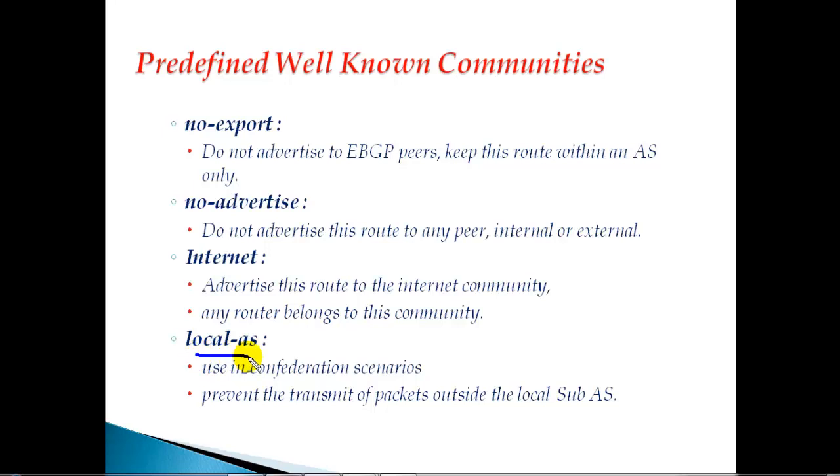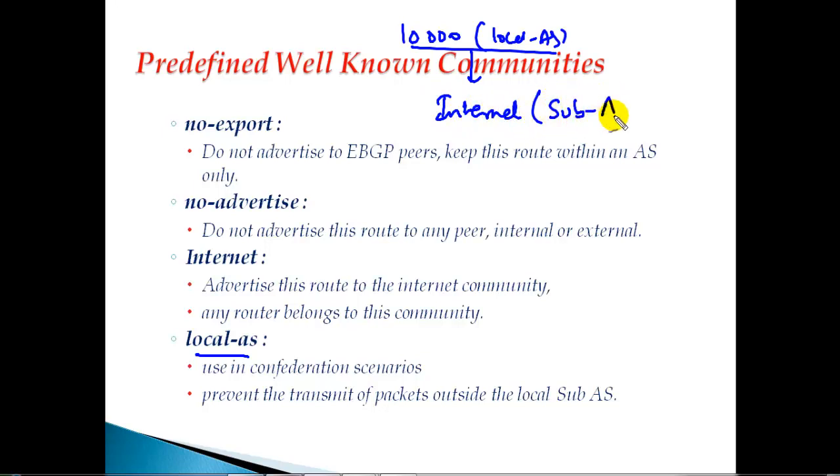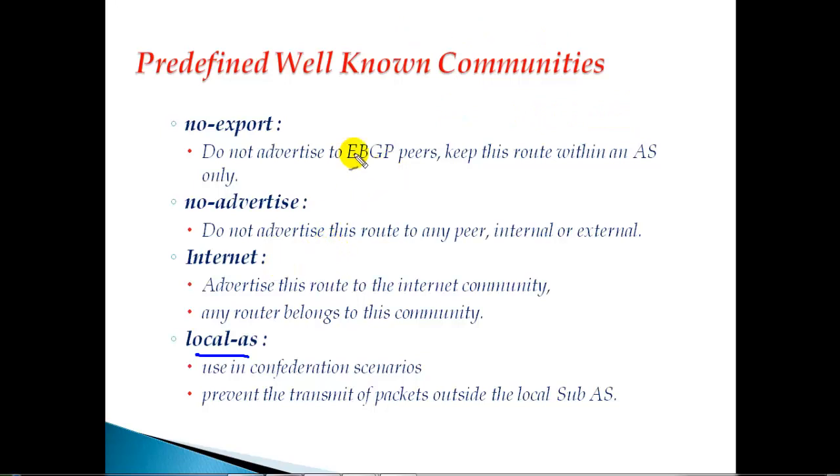And then we have one more attribute called local AS. When a router receives any network with the local AS attribute, it is going to advertise only to the internal routers, that is, to all the routers inside the same sub-autonomous system number. If you remember, probably if you're not aware of BGP confederations, I have discussed that in a separate section.